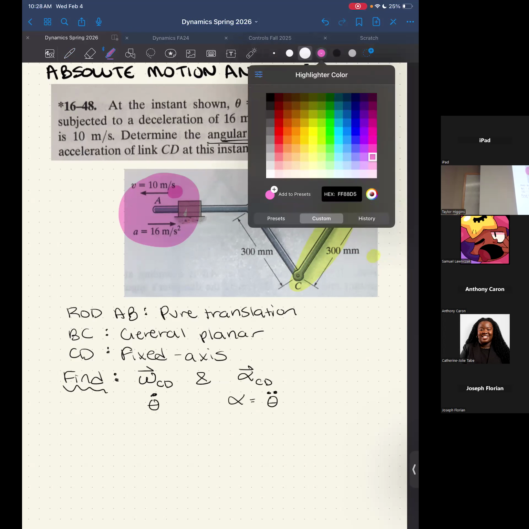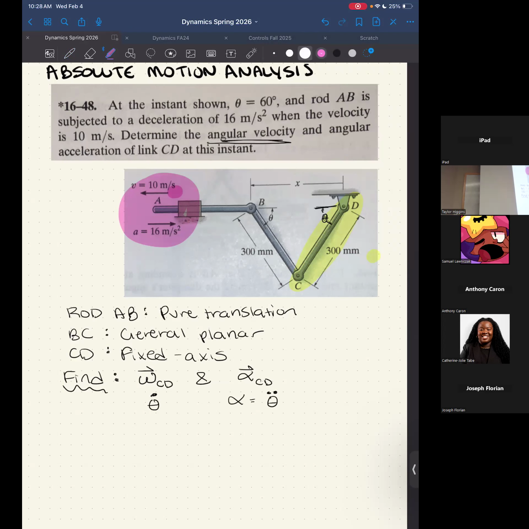It looks like it's giving me information about point A, but this body is doing pure translation. Why does that matter? It's giving us information about point B as well. Absolutely. All the points on this same rigid body are doing the same velocity and same acceleration because it's only doing pure translation.